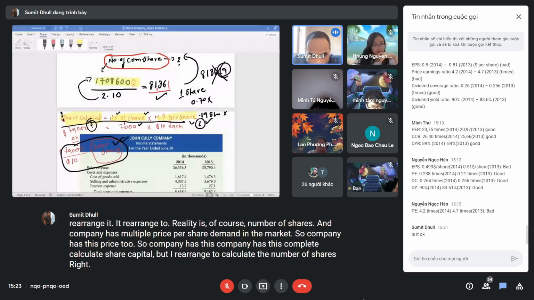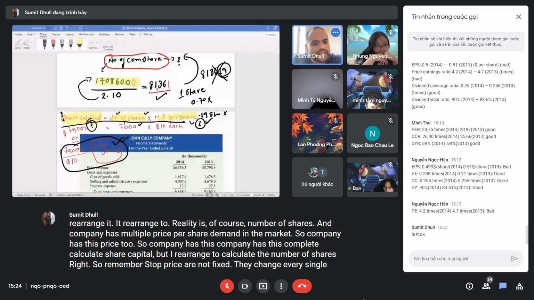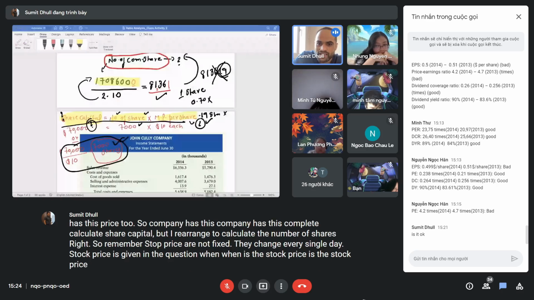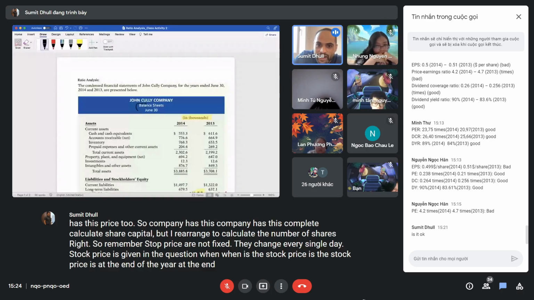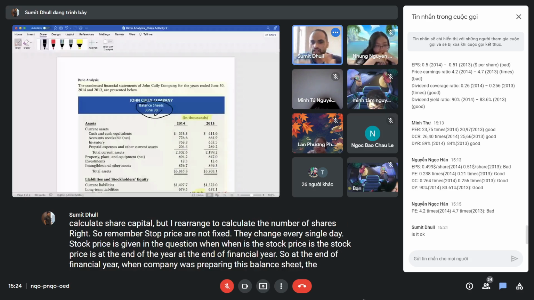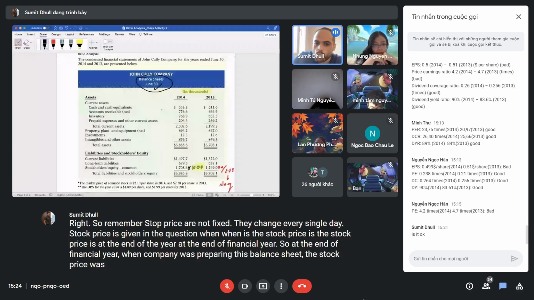Right? So remember, stock prices are not fixed. They change every single day. The stock price is given in the question. When is the stock price? The stock price is at the end of the year, at the end of the financial year. So at the end of the financial year, when the company was preparing the balance sheet, the stock price was 2.10.